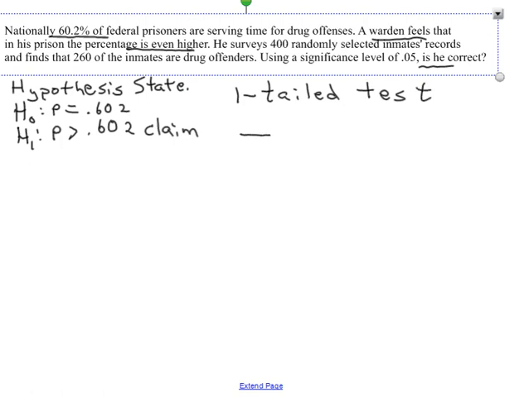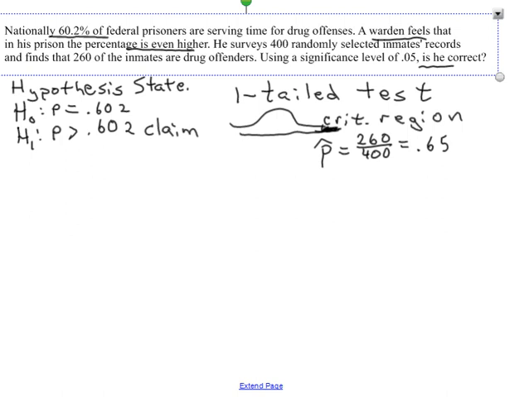So our normal curve has the critical region up there at the top. And our P hat is 260 out of 400, favorable over possible, which is 0.65 or 65%.